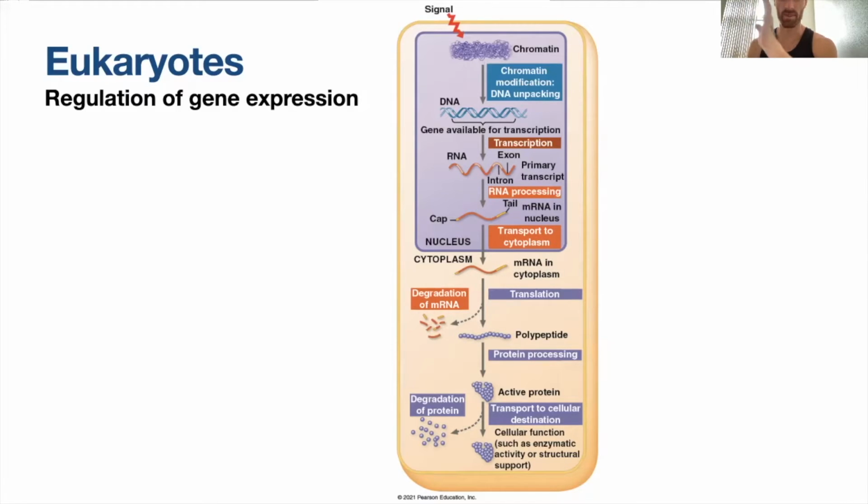Again, this is a eukaryotic cell, so let me backtrack for a second. In prokaryotes, we have this exact sort of mechanism going on where DNA is transcribed to produce messenger RNA, which will then be translated at a ribosome into protein.